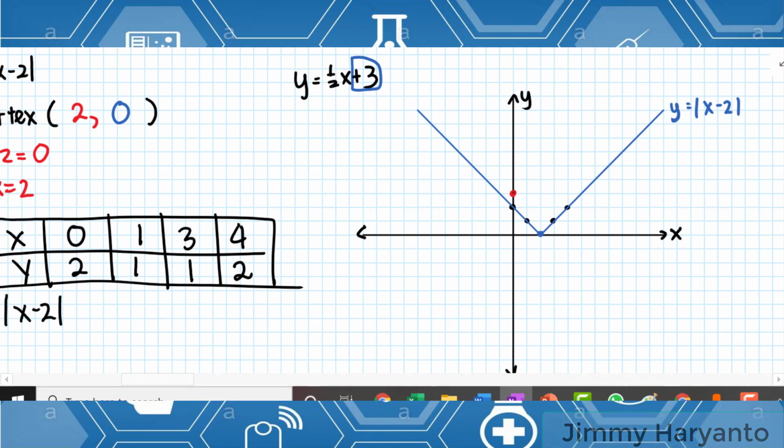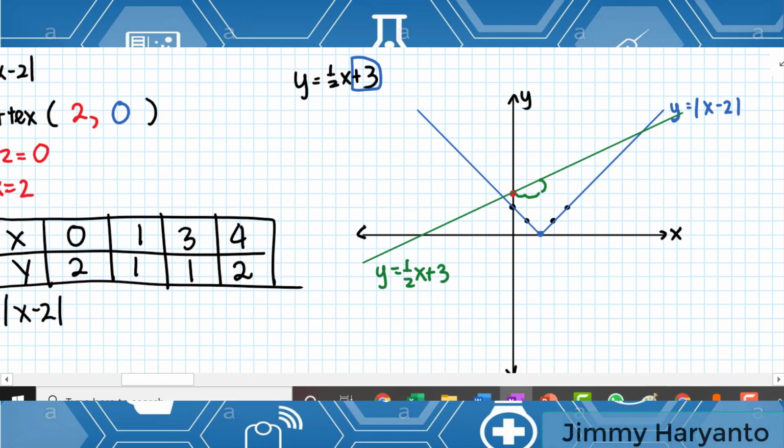The run is 2 and the rise is 1. So I will have a line like this. There you go. I will label it y equals half x plus 3.